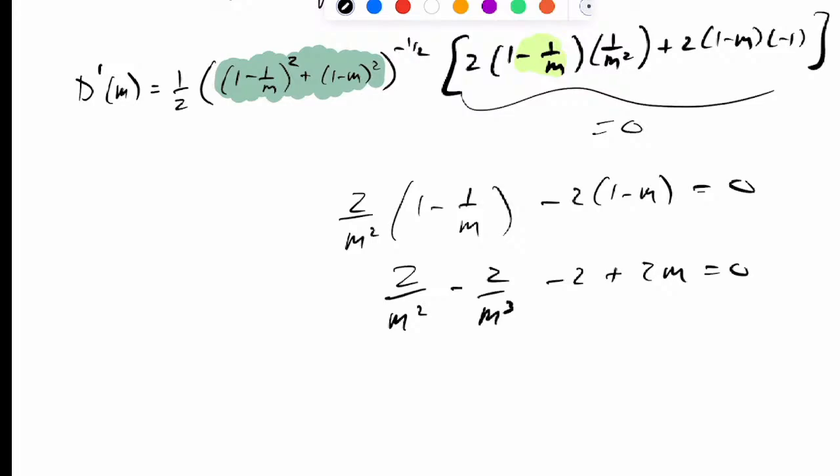Not so nice. Okay, I'll just multiply across by m cubed. You get 2m minus 2 minus 2m cubed plus 2m to the 4th is 0.